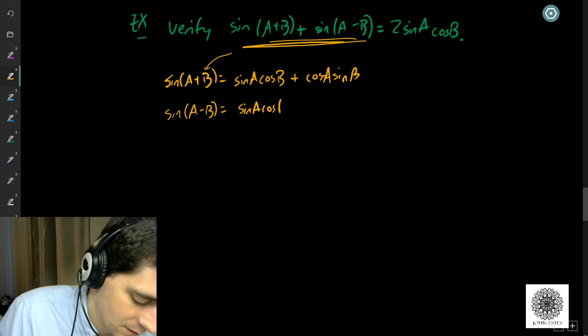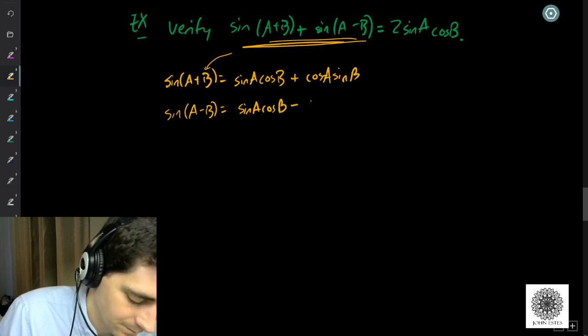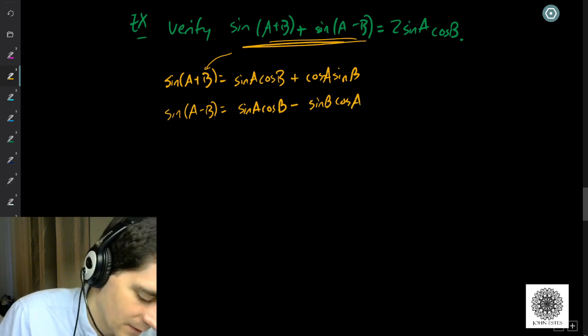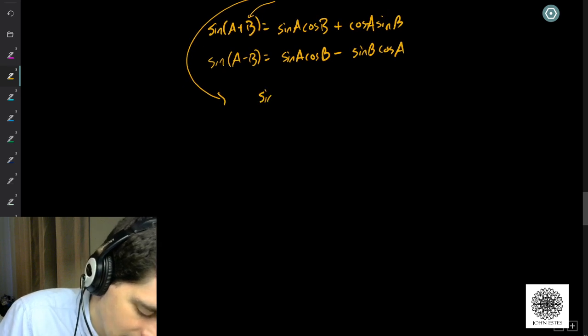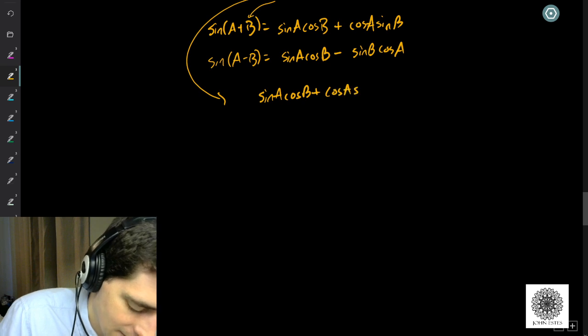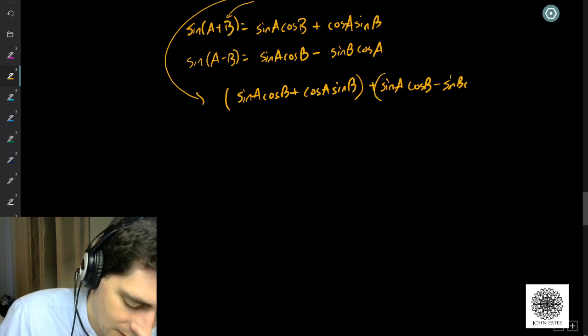You trade the trig function, but you flip the sign. All right, so if I'm adding these together, I end up with sine a cosine b plus cosine a sine b, that's the first one, plus sine a cosine b minus sine b cosine a.